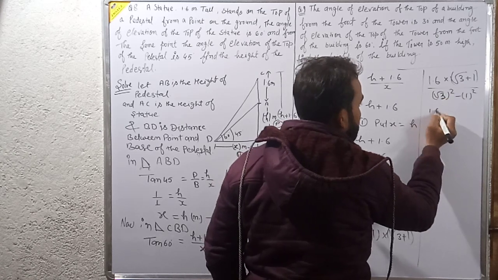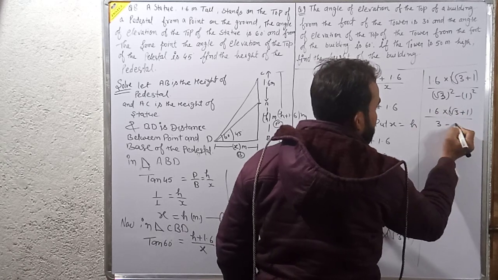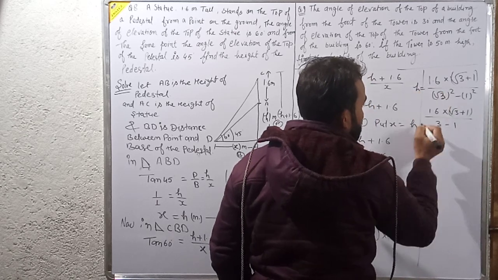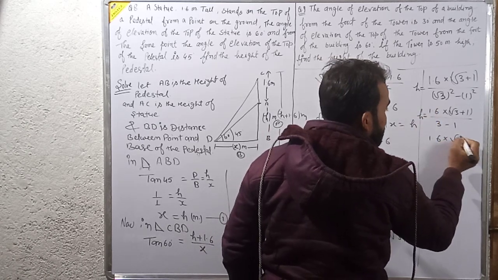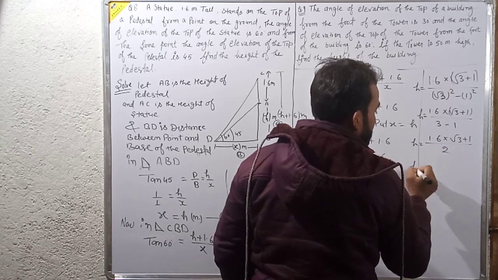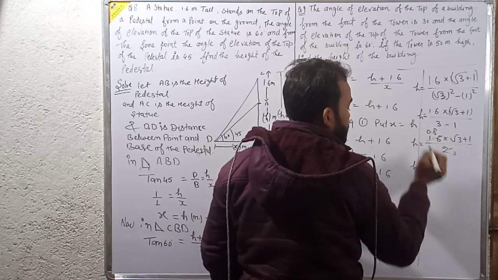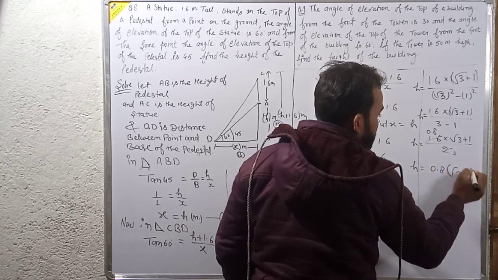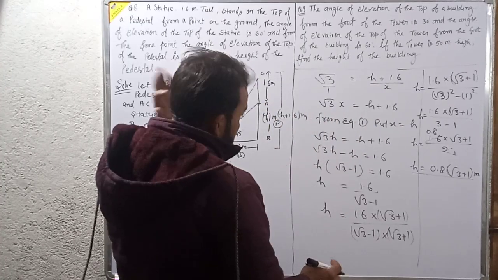It will be 1.6 into root 3 plus 1 upon 3 minus 1, that is 1.6 into root 3 plus 1 upon 2. H is equal to 0.8 into root 3 plus 1 meter, the height of the pedestal.